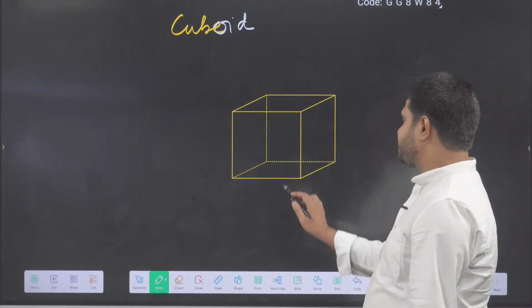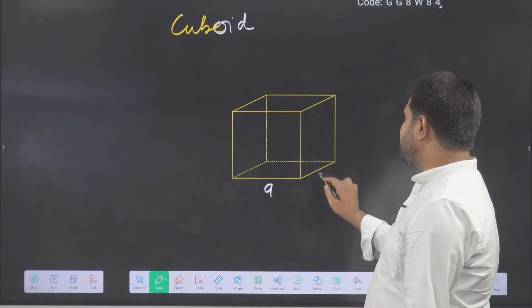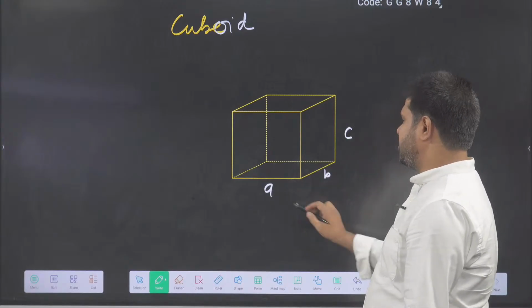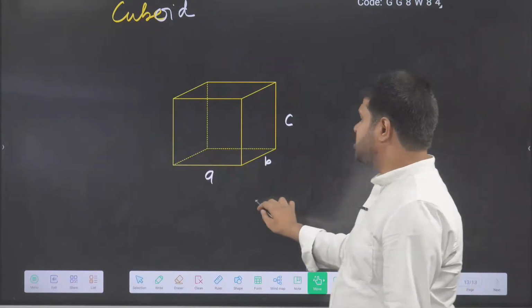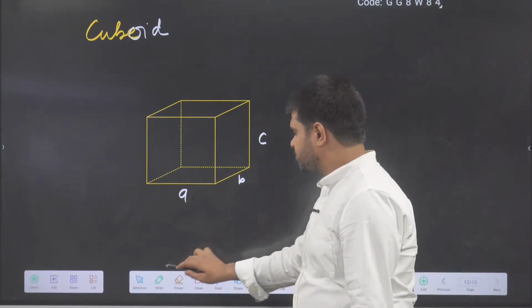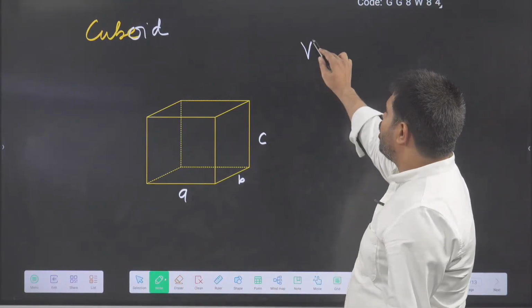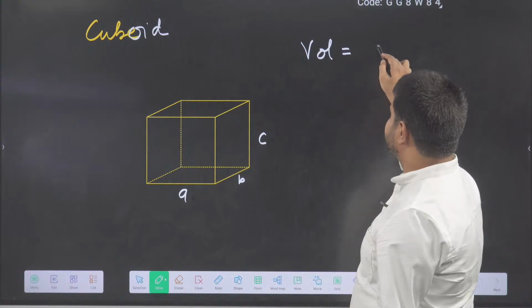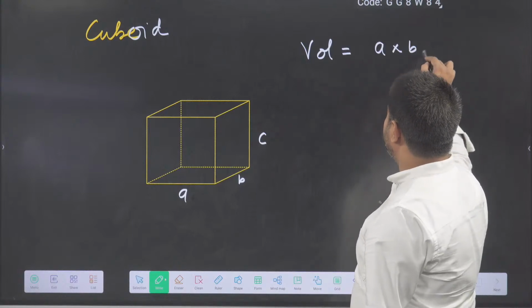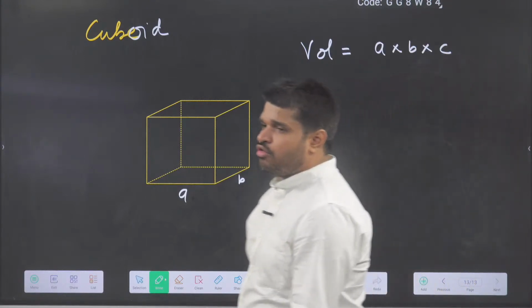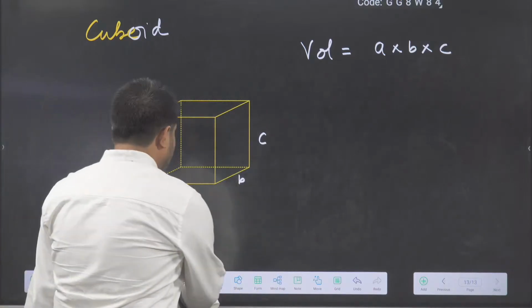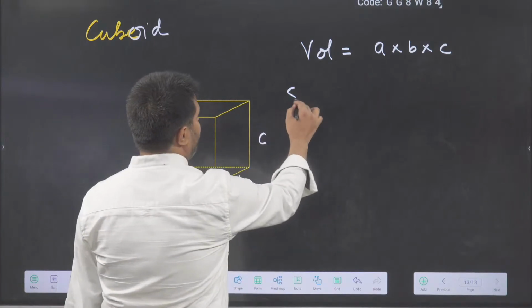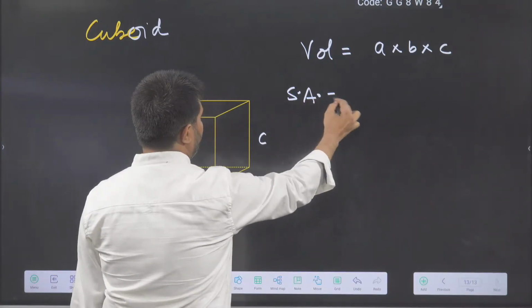This is a cuboid, side lengths A, B, C. Remember the results. Volume is very simple: A into B into C. Surface area is also simple if you look carefully.